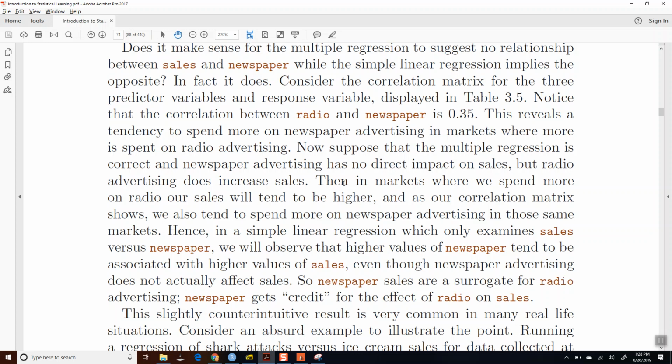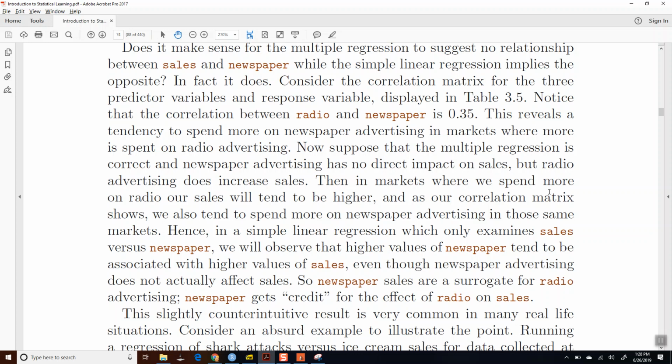Okay? So what this is saying is that because radio and newspaper have a positive correlation, when I spend more on radio, I also happen to be spending more on the newspaper.